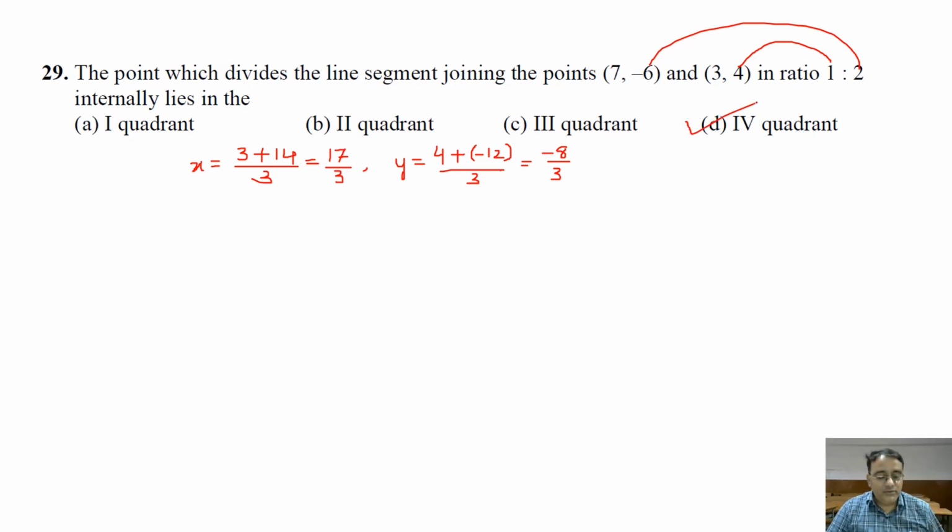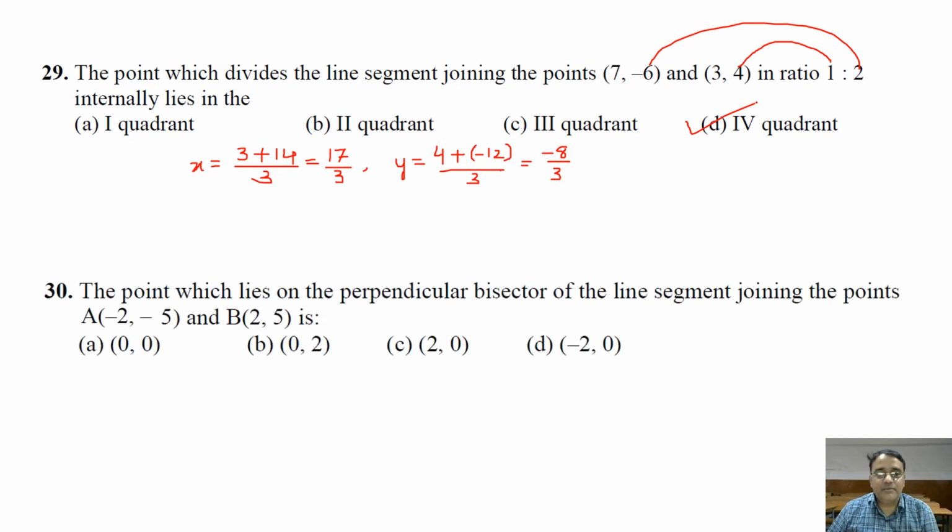Okay. So now we are moving toward the last question of today's session, the 30th question. The point which lies on the perpendicular bisector of the line joining the points A and B is. See, the perpendicular bisector passes through the midpoint of AB, okay? So that means we have to find the midpoint only. Look carefully, (-2 plus 2) by 2, 0 by 2 is 0.